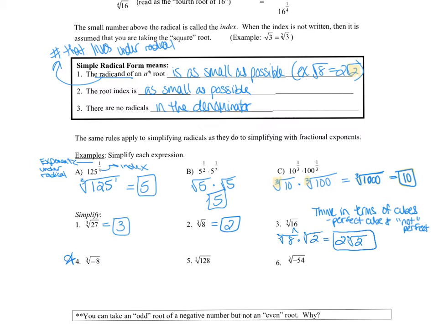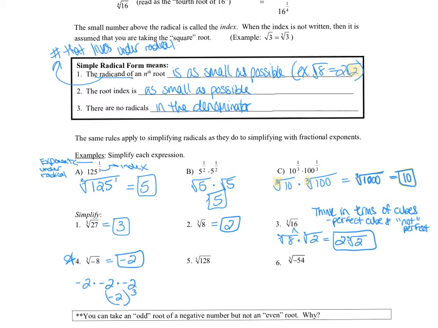So think to yourself, does something times itself again equal negative 8? Well, if I have negative 2 times negative 2 times negative 2, that does equal negative 8, right? Negative 2 to the third power. So the cubic root of negative 8 equals negative 2.